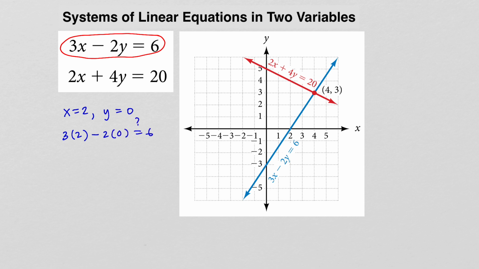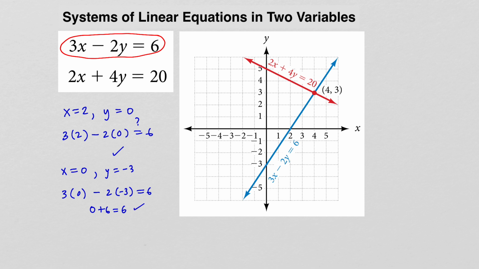And this is, in fact, a true statement, but it's not the only solution. For example, x could be equal to 0 and y could be equal to negative 3. This is another solution. And to see that, we have 3 times 0 minus 2 times negative 3 is equal to 6. And this would be 0 plus 6 equals 6, right?